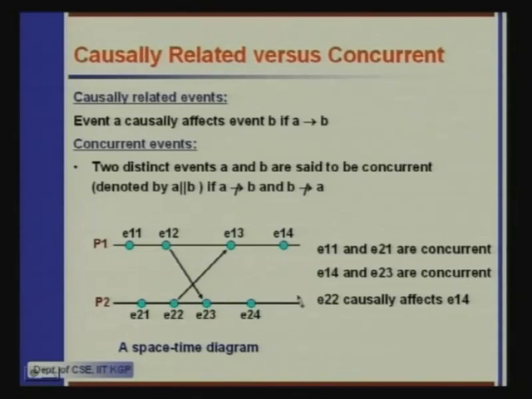But if you look at E22, it causally affects E14, because E22 happened before E13, and E13 happened before E14. So E14 and E22 are not concurrent; E22 happened before E14. Is the notion of the happen before relationship and causal ordering clear?